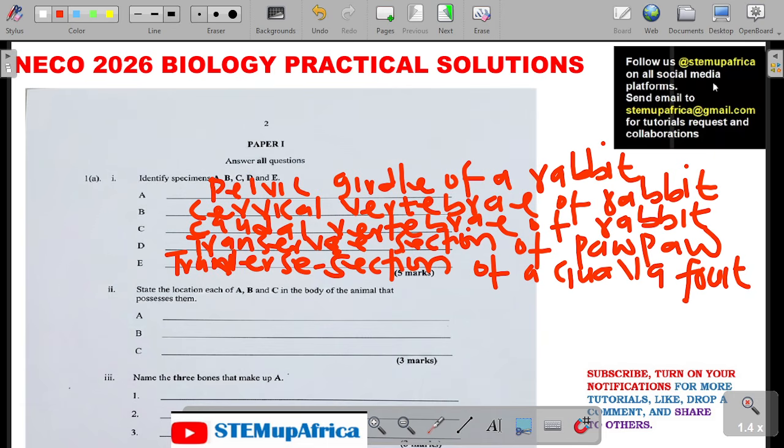Then Roman figure 2, you identify the location of each of A, B, and C in the body of the animal that possesses them, which is the rabbit. Where can we find the pelvic girdle? It can be found around the waist, or the pelvic region.